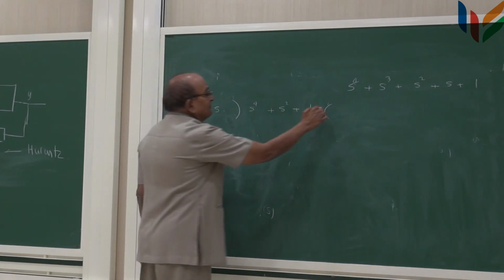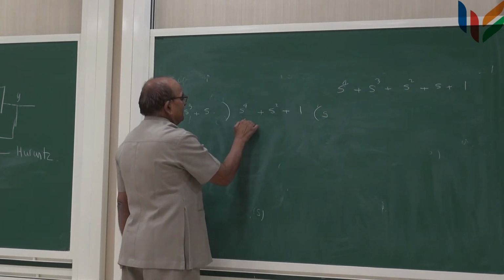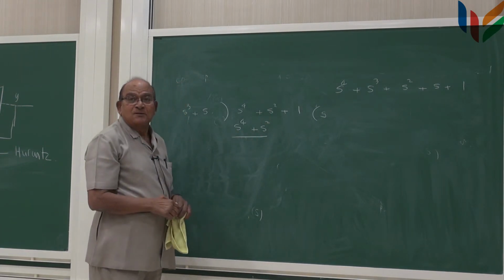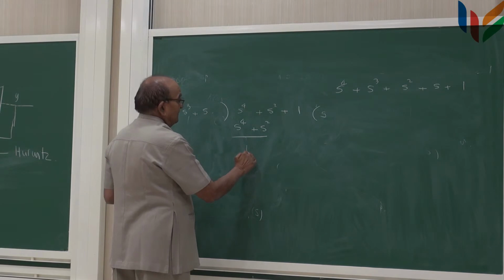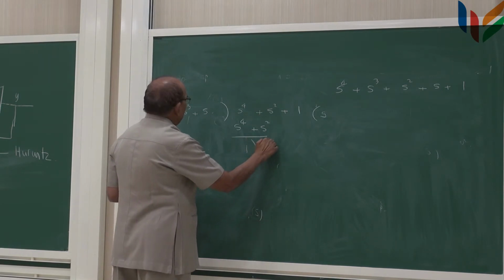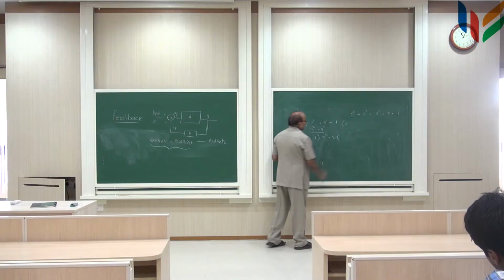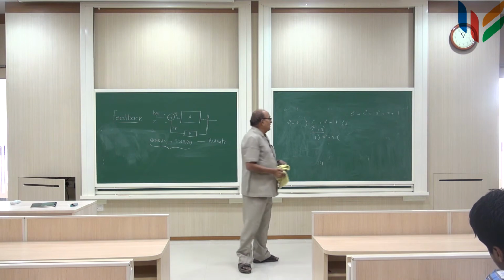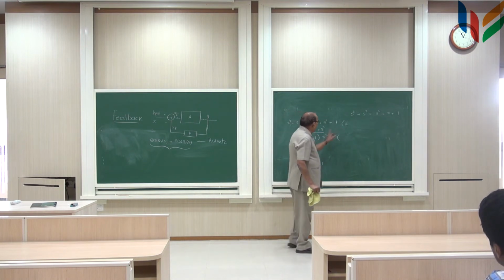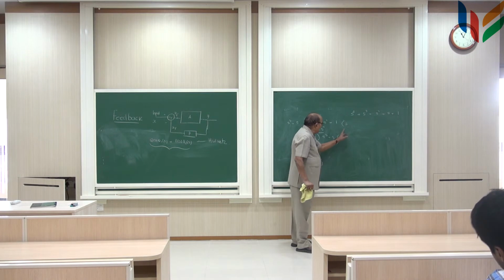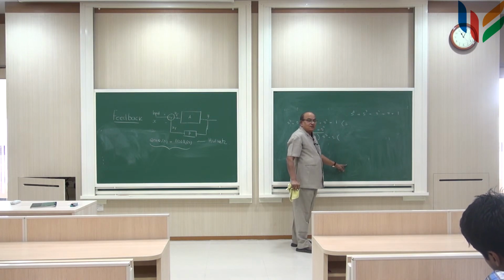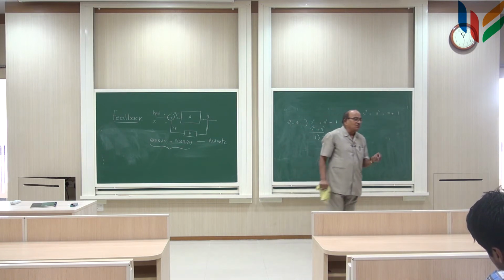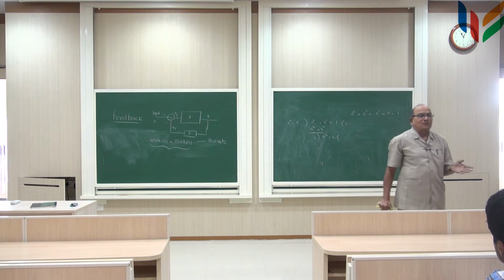So what do you get? This division should continuously give you an s each time. Here I am getting s cube here, right? So obviously there are zeros of this polynomial in the right half plane.